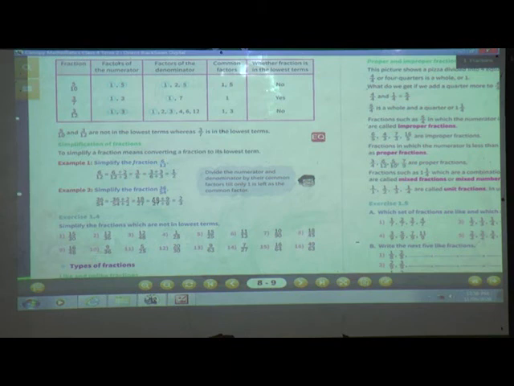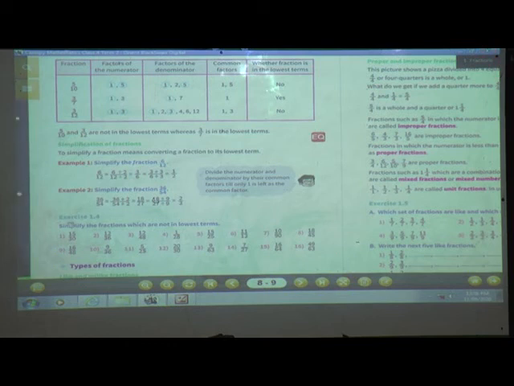Now to simplify the fractions, we need to find out the lowest term of the given number. So actually a fraction is normally written in the simplest form only.